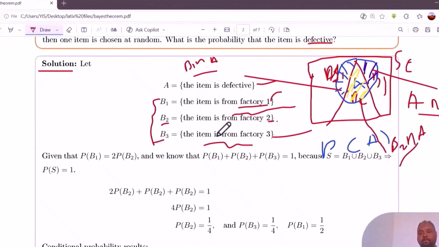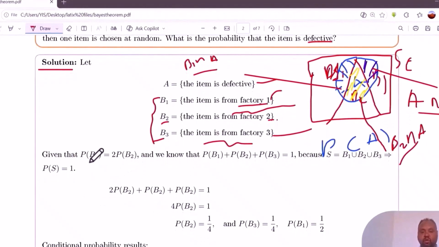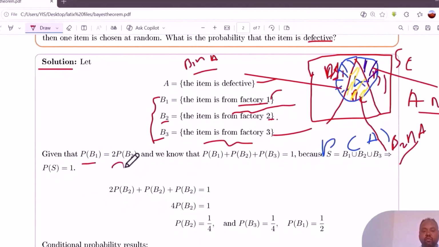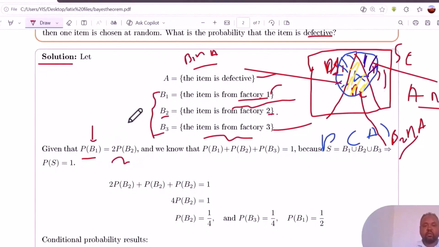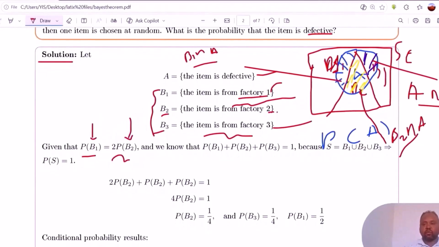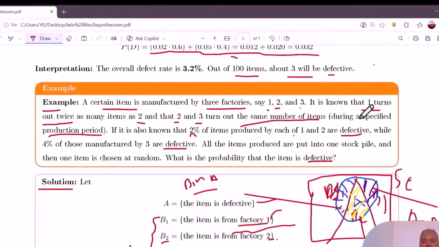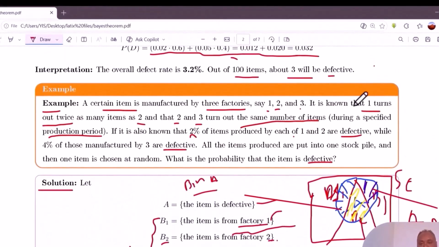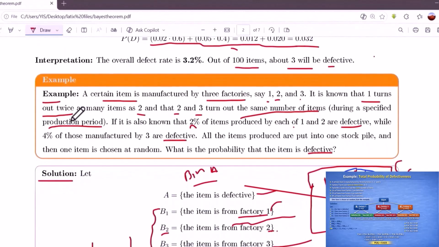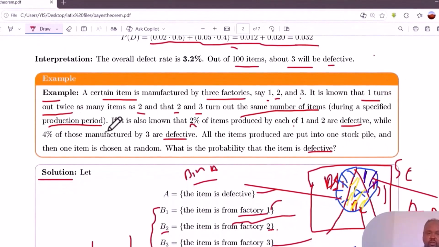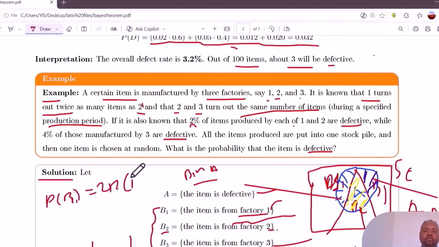We know that the probability of B1 is 2 times the probability of B2. The production rate of machine 1 is 2 times the production rate of machine 2. This is from the sentence: it is known that machine 1 turns out twice as many items as machine 2. That is, the probability of B1 is 2 times the probability of B2.